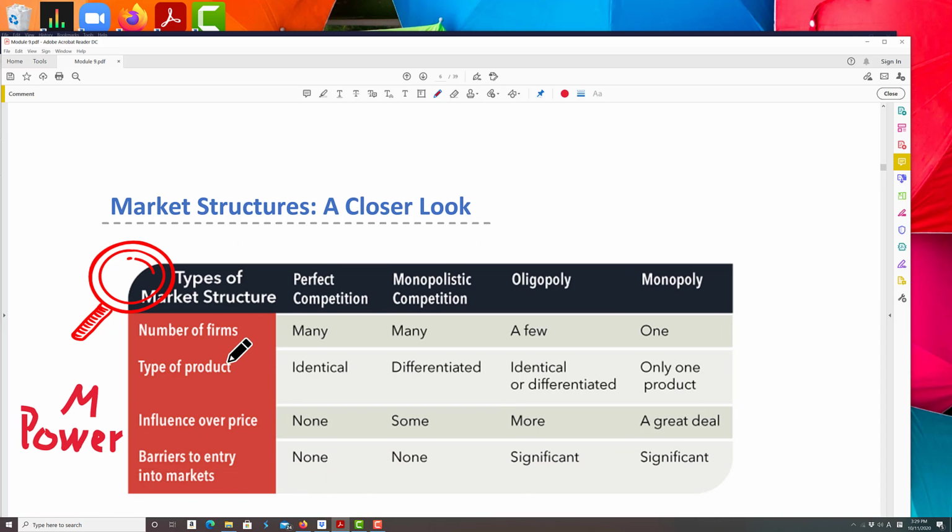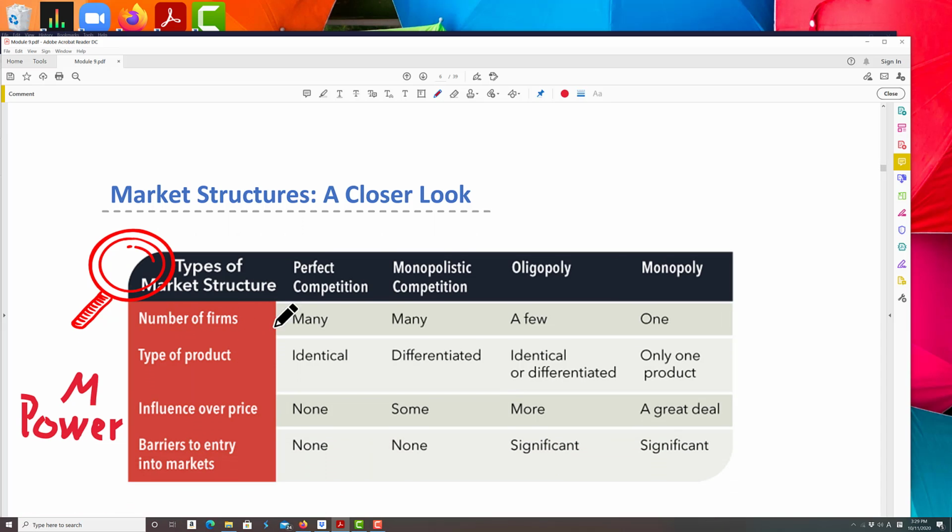So in terms of the number of firms, in a perfectly competitive market, we have a large number of firms producing identical products, and none of these firms have influence on the market price. And there are no entry barriers, practically speaking.